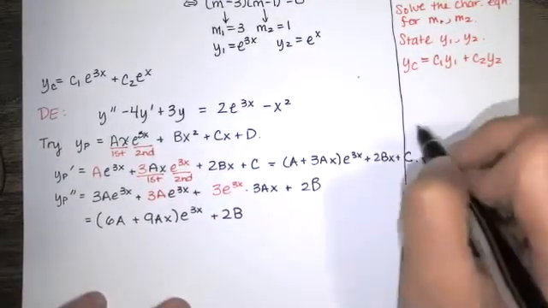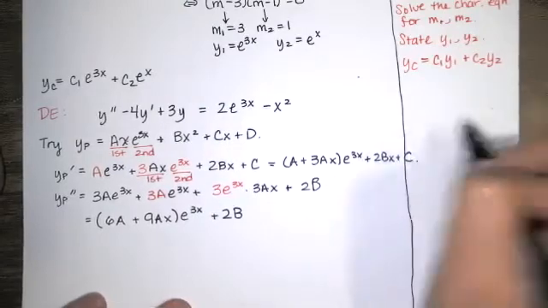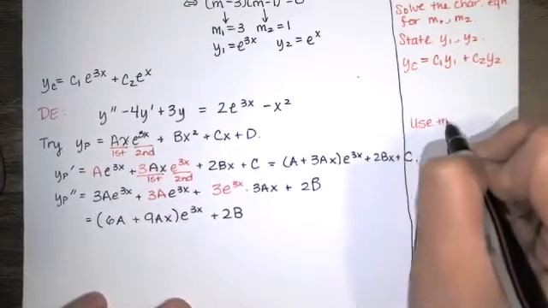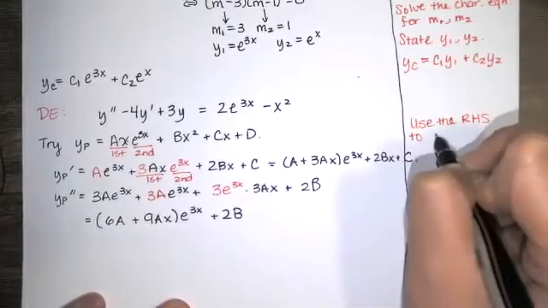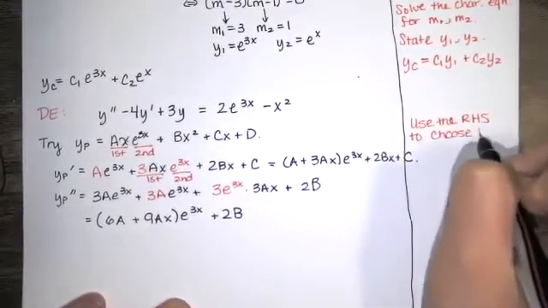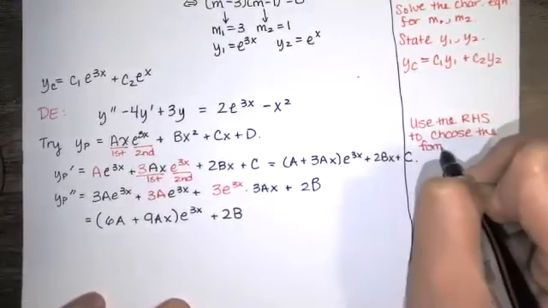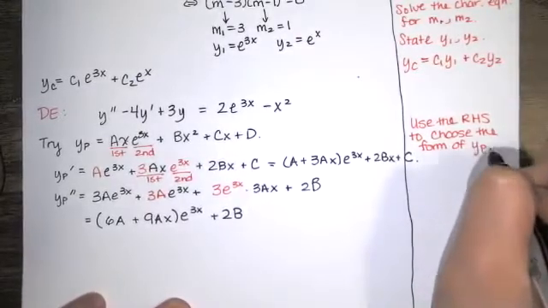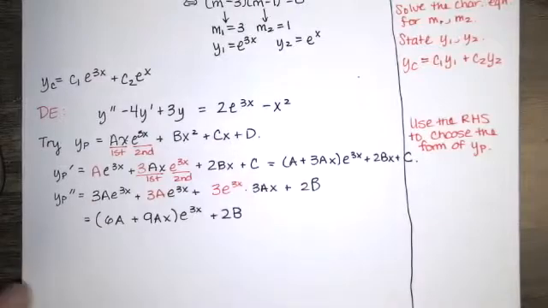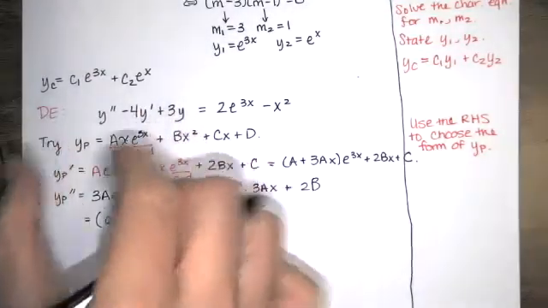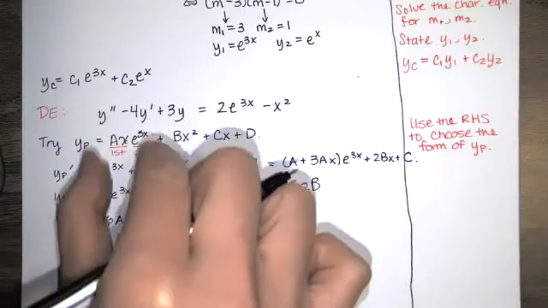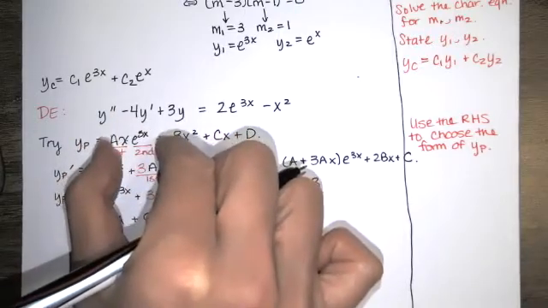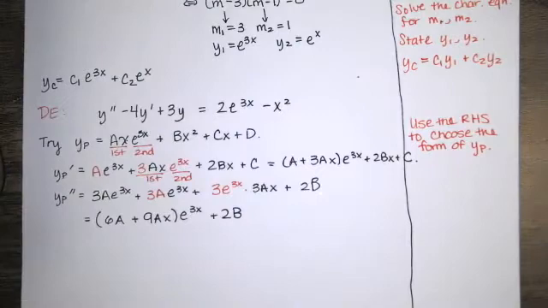So we use the right-hand side to choose the form of y sub p. Then we adjust as necessary, multiplying guesses by extra x's if necessary, in order to make sure that that term in our y sub p does not appear up here in y sub c.